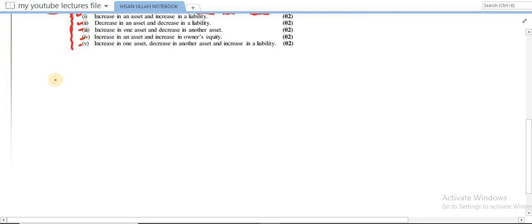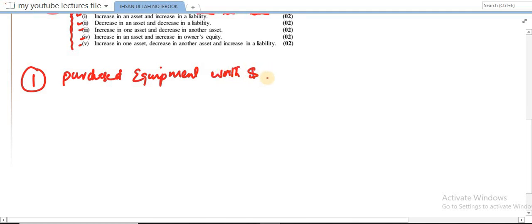Let's say you have purchased equipment worth 10,000, and this purchase is based on credit terms.